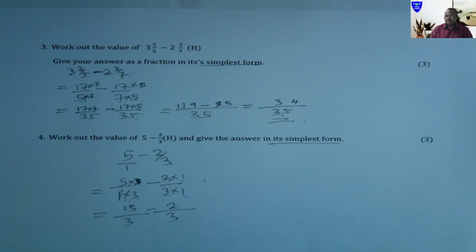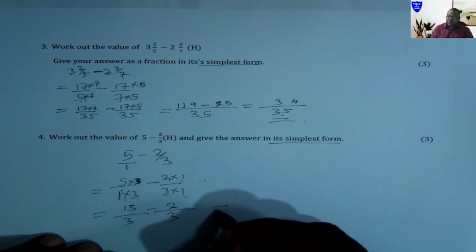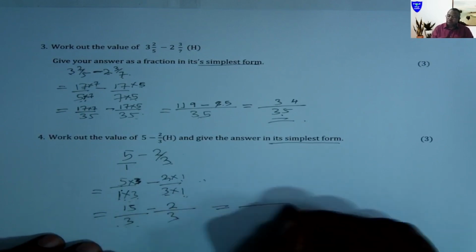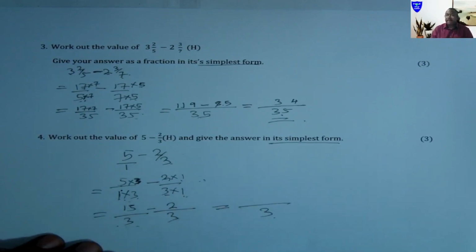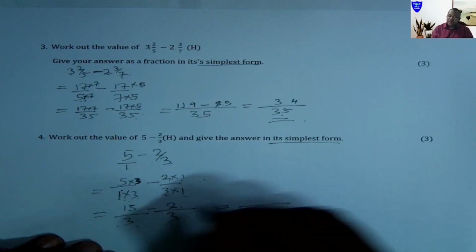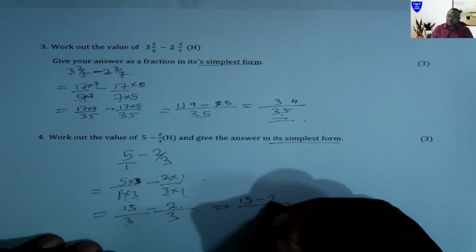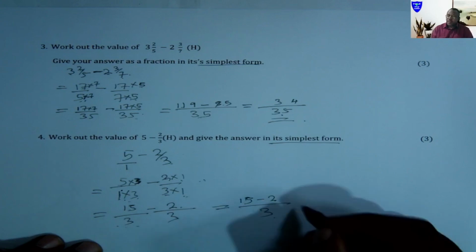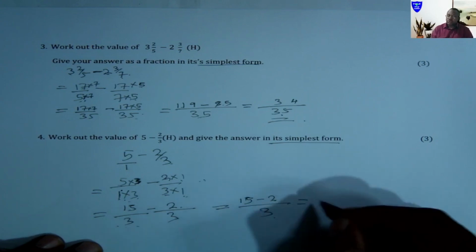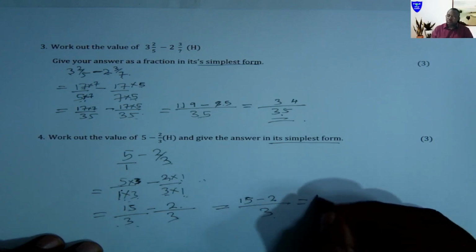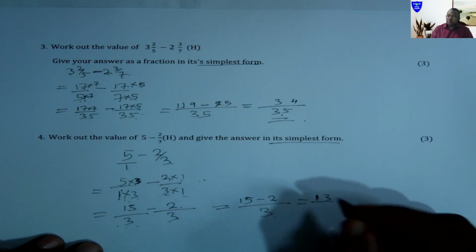Because these are common on both, you can retain the denominator there and then subtract the numerators. Now 15 minus 2 gives you 13 divided by 3.